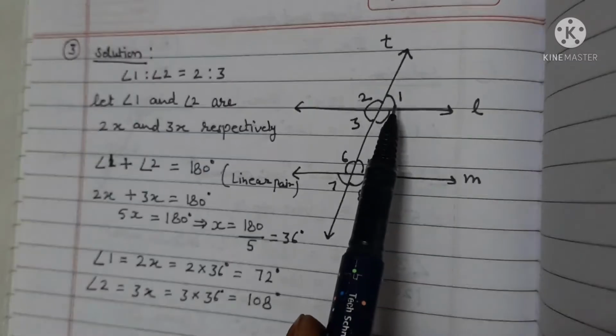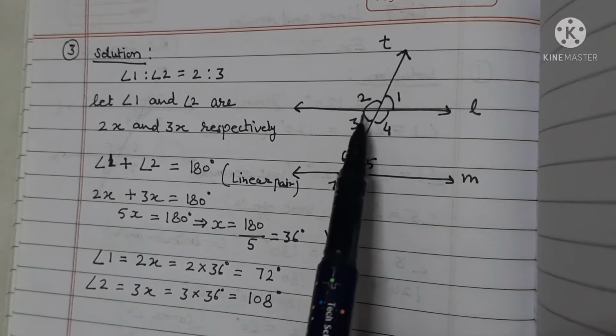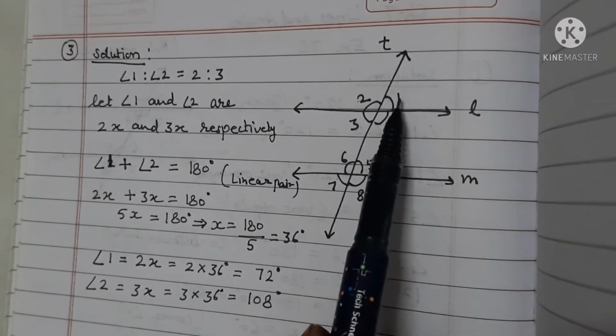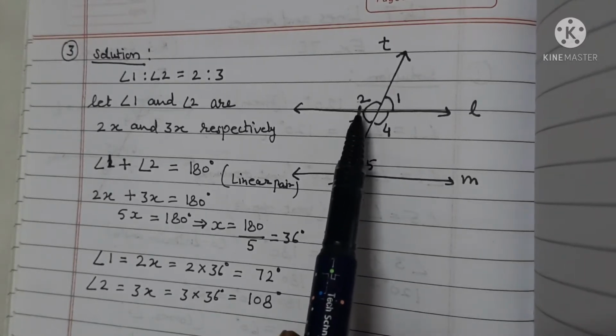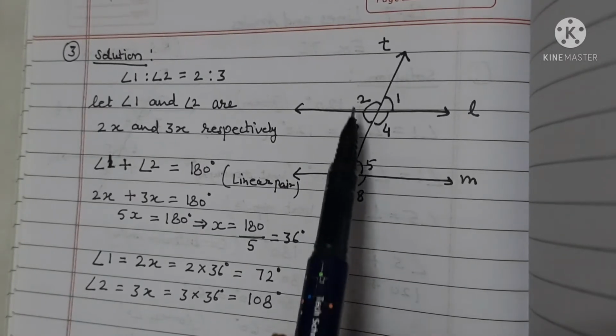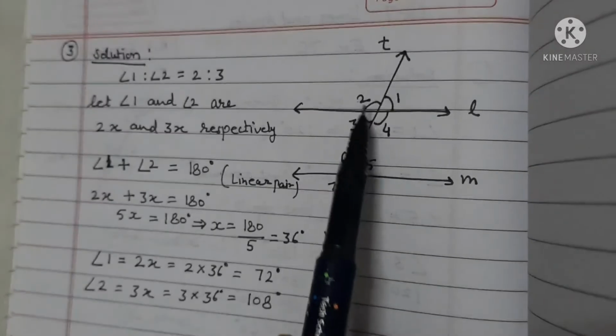Now here see the angles and taking as a pair, angle 1 is equal to angle 3, vertically opposite angles. So if it is 72 degree, angle 3 also 72 degree. Angle 2 is equal to angle 4. Angle 2 is 108 degree, angle 4 is equal to 108 degree, vertically opposite angles.